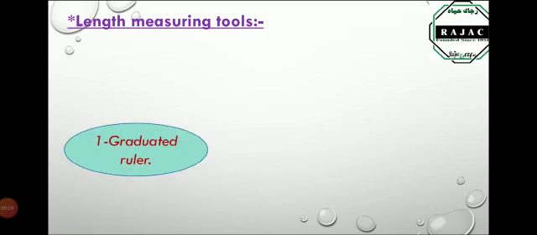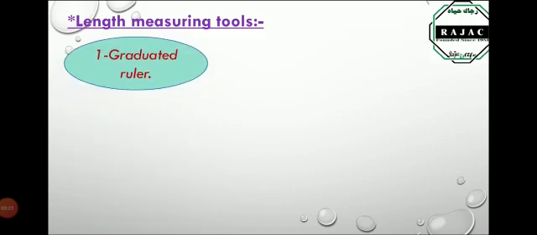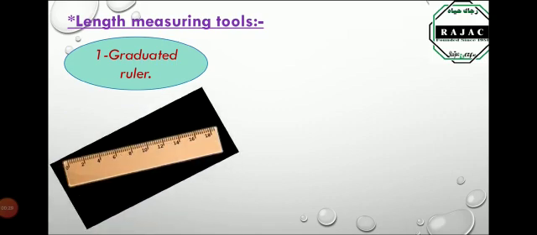The first tool is called a graduated ruler, and this is your graduated ruler. You can say measuring ruler or just ruler. As you see, it's very small, so we use the ruler to measure small lengths.